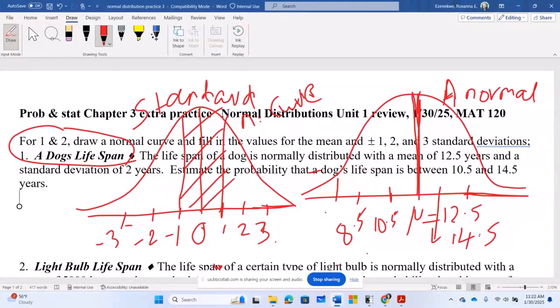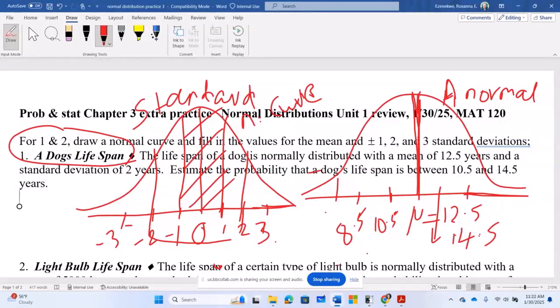The probability that a dog is within two standard deviations, and within in statistics always means plus or minus, so if a dog is within two standard deviations of the mean, then the dog lies within 95%.